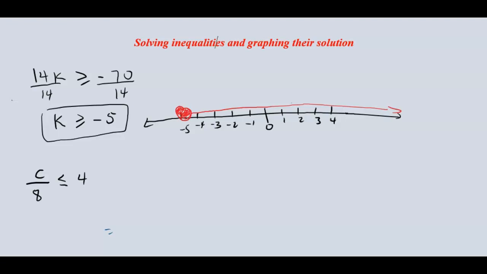That little fraction bar means division, so c divided by 8 is less than or equal to 4. The inverse operation for division is multiplication, so to eliminate the 8, you multiply both sides by 8.